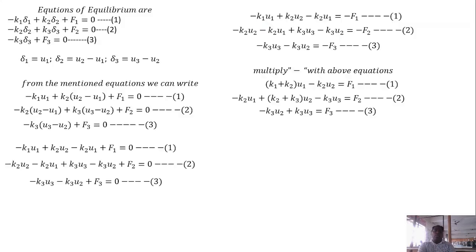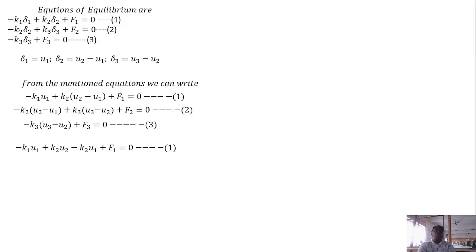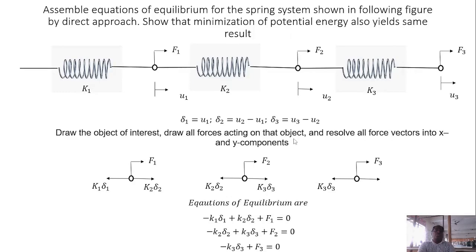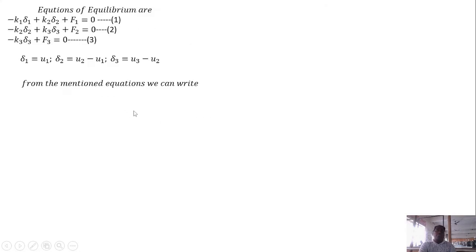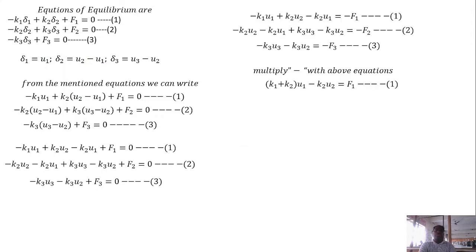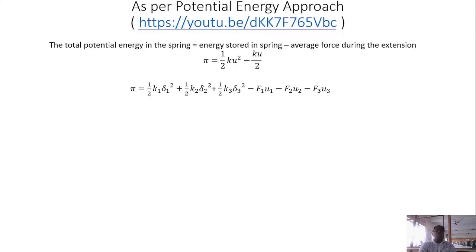Okay, so the equation pi can be represented for the first spring. Here you see the first spring, k1, has an extension of delta 1. From this we can rewrite the equation with the potential energy approach as pi is equal to half into k1 into delta 1 square.